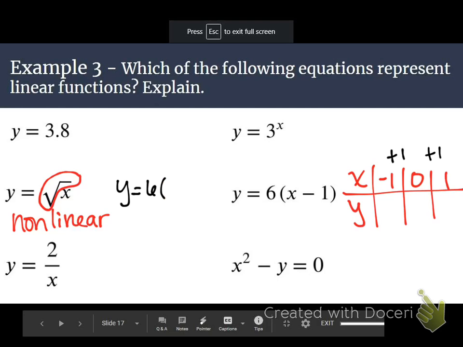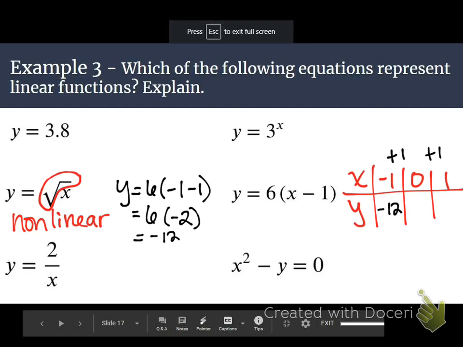Y equals 6 times (x minus 1). By our order of operations, what happens first? In the parentheses, -1 minus 1 is -2. Those parentheses now mean that I have to do what? Multiply. 6 times -2 is -12.